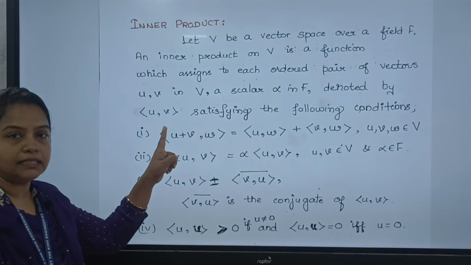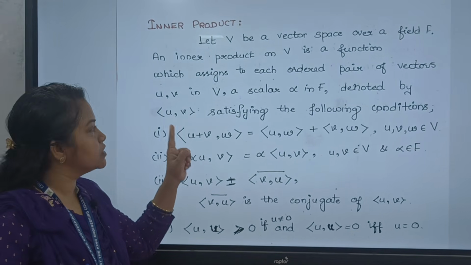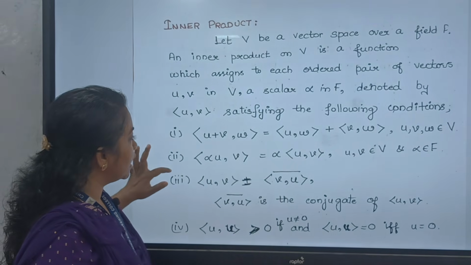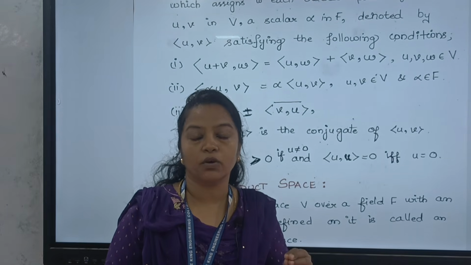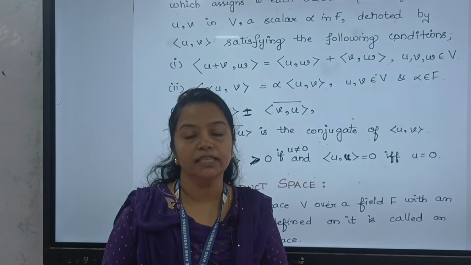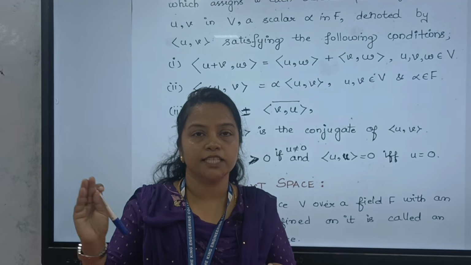This bracket is the notation to find the inner product, so the inner product of u, v satisfies the following conditions. There are four conditions for an inner product space. If these four conditions are satisfied, we can say that the given vector space is an inner product space.